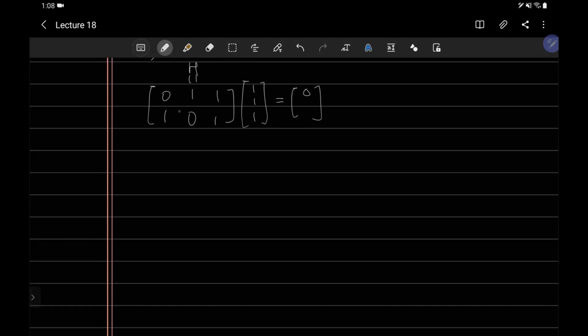Similarly for this case, because these two are 1 and these two are 1, it might be 2, but because it is modulo 2, we again obtain 0, 0. So when we multiply the parity check matrix by the correct code word without any error, we will get the 0, 0 value.